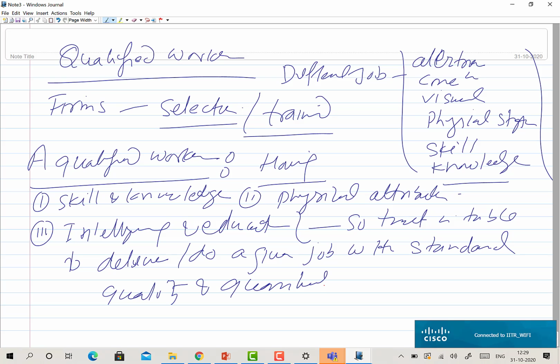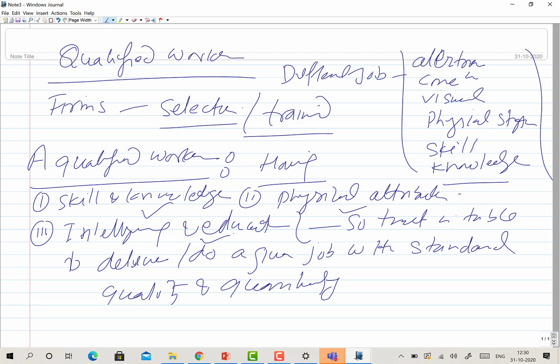So if someone is having these attributes like skill, knowledge, physical attributes, intelligence and education, and he is able to do a given job with the required quality and quantity in terms of the output, okay, then he can be considered as a qualified worker.